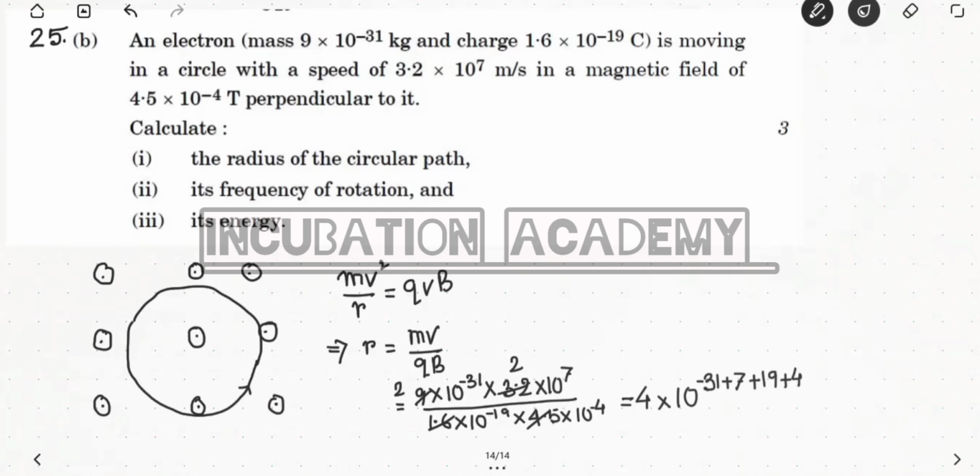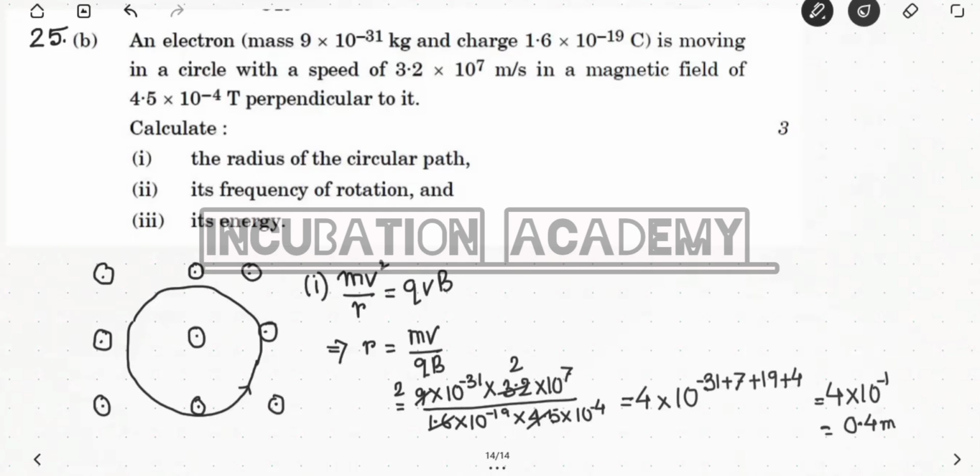So 19 plus 4 is 23, and 23 plus 7 is 30. So it becomes 4 × 10^-1, which is 0.4 meter. This is the radius of the circular path.